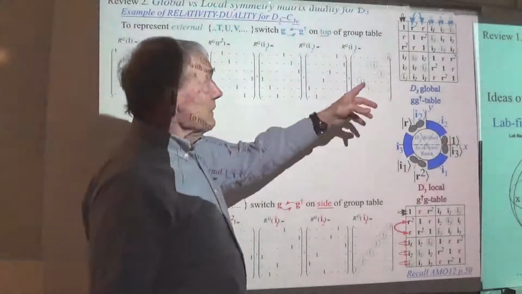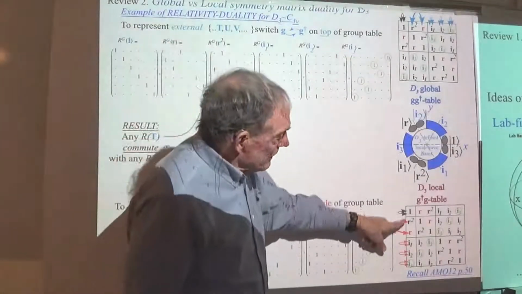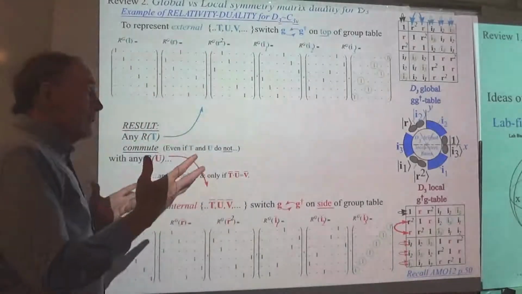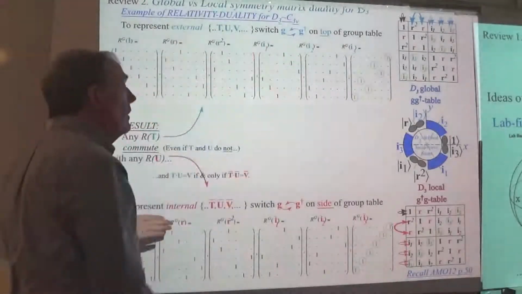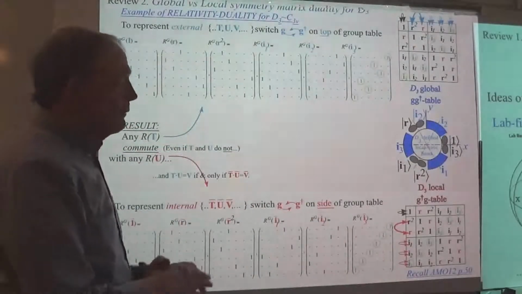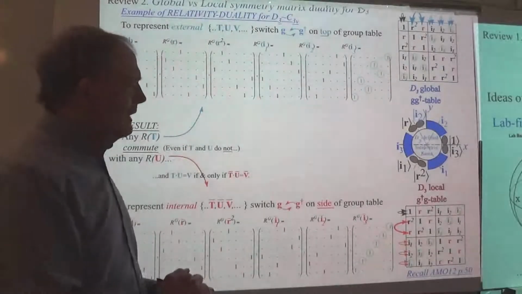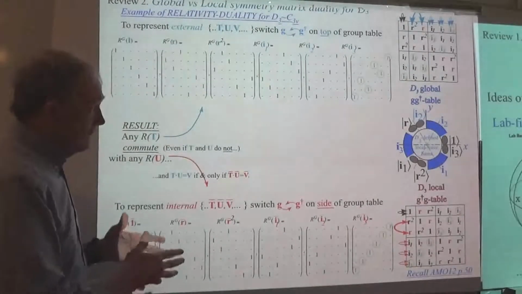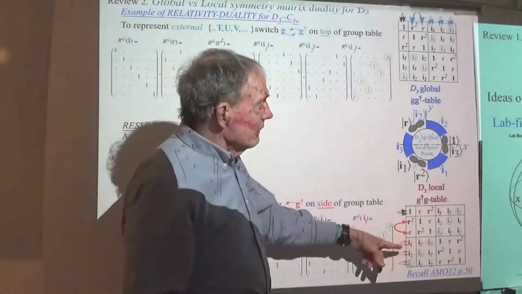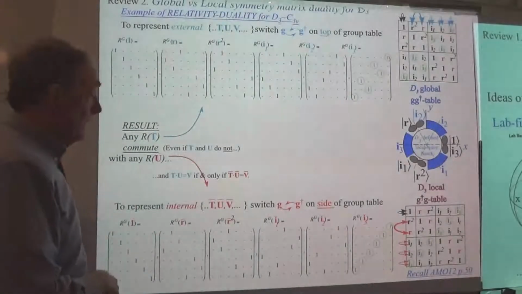So this table right here that has the inverses on the top, and this table right here that has the inverses on the side, are the two global, that's that one, and local symmetry groups that we're going to have fight with each other over the quantum mechanical solution to a Hamiltonian that uses each of the group elements here as a parameter in a Hamiltonian.